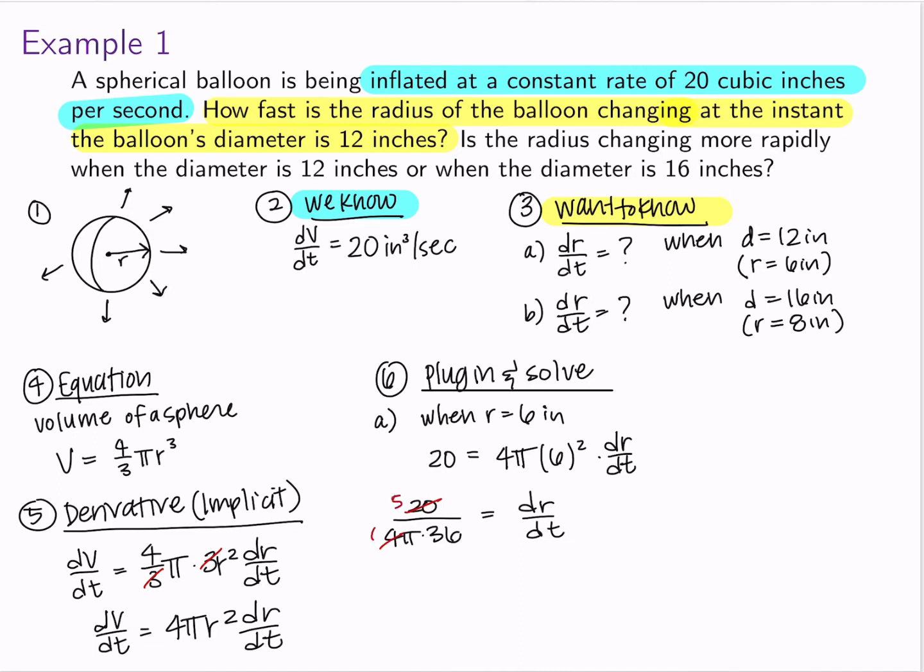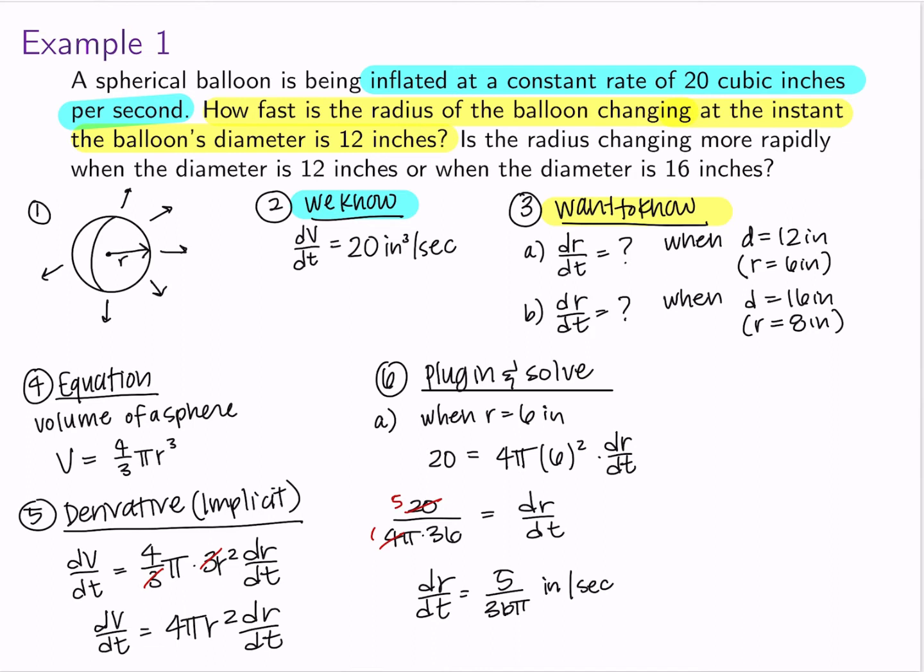So what do I get? dr/dt is 5 over 36 pi is what's left over. And let's take a minute and make sure we know what the units are. This is dr/dt. R is measured in inches. So what is happening with respect to time? So it is 5 over 36 pi inches per second is my unit here.